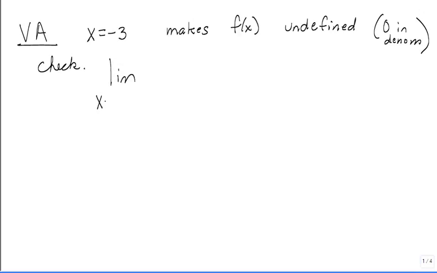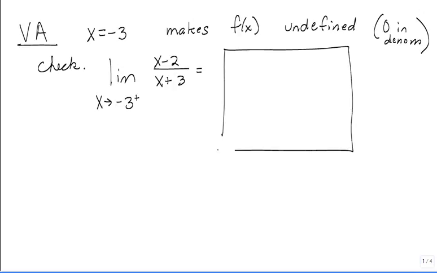So the limit as x approaches -3 from the right, okay, here's the part that you really don't write down. This is what you think in your head, but don't write. So I have the limit as x approaches -3 from the right.